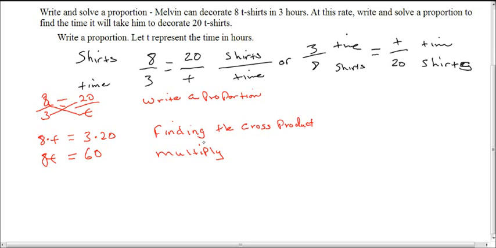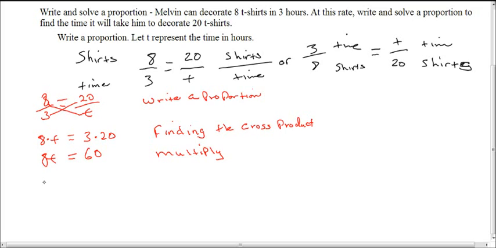Okay, now the next thing we need to do is look at what's happening with our variable, because the main thing we're trying to do is find out what is t. So in order to find out what is t, we have to use the inverse of the operation that's happening to t. So t is being multiplied, and the inverse of multiplication is division. So now we must divide both sides by the coefficient, and the coefficient is 8.